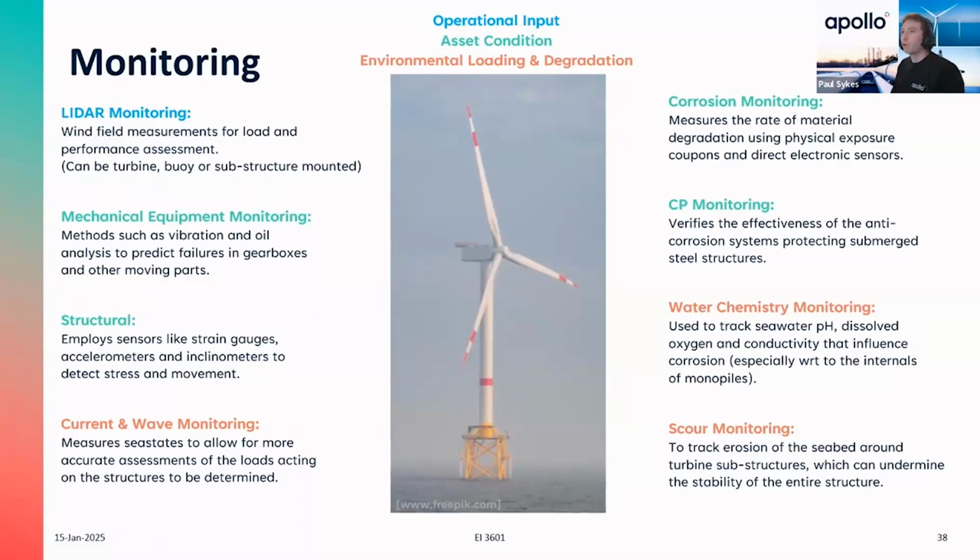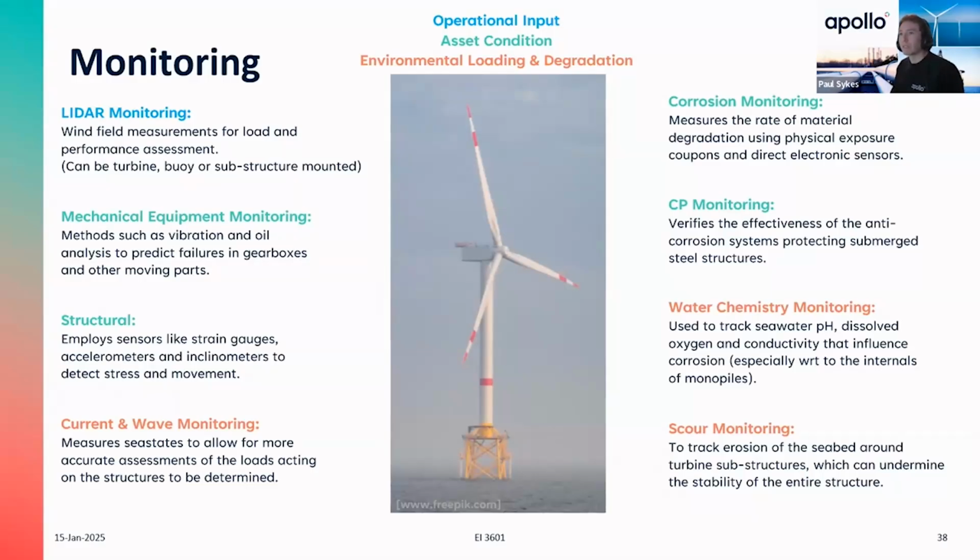The overall aim with monitoring is to support integrity, safety, and operational reliability by spotting changes early and understanding how that asset is actually being loaded and used, which is very important considering these are unmanned assets. What's shown on the slide here is a range of different monitoring types. I won't go through them, for time, but each of these provides a different part of the picture, and together they help explain why degradation is occurring, not just that it is.